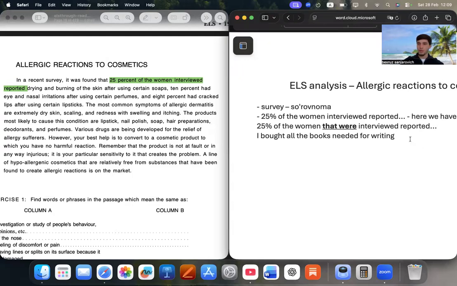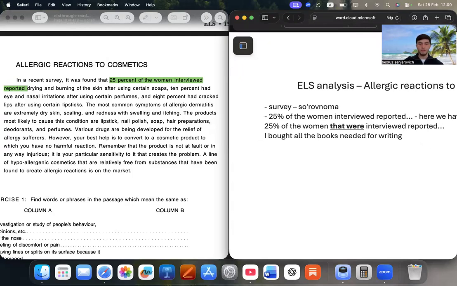So let's make up another sentence. I can say, everyone should bring money required for the refurbishments.